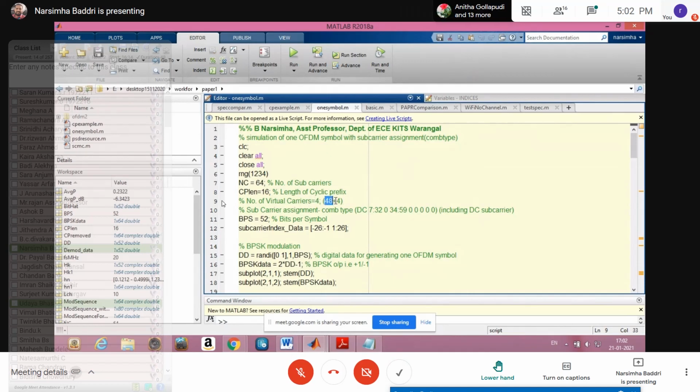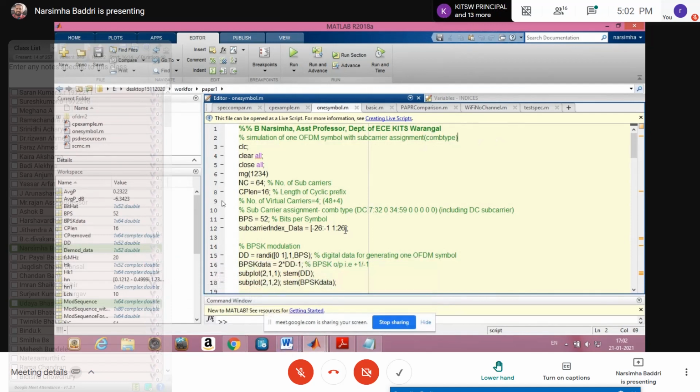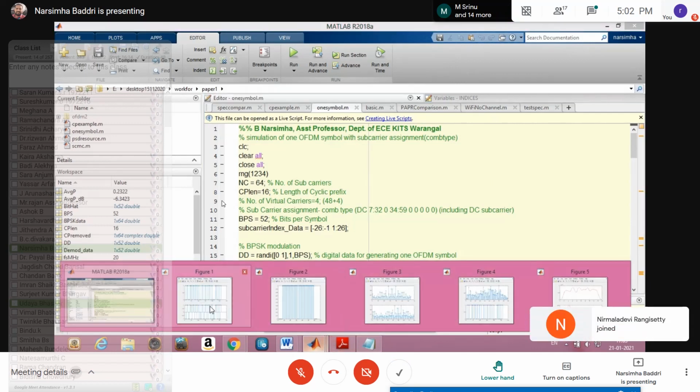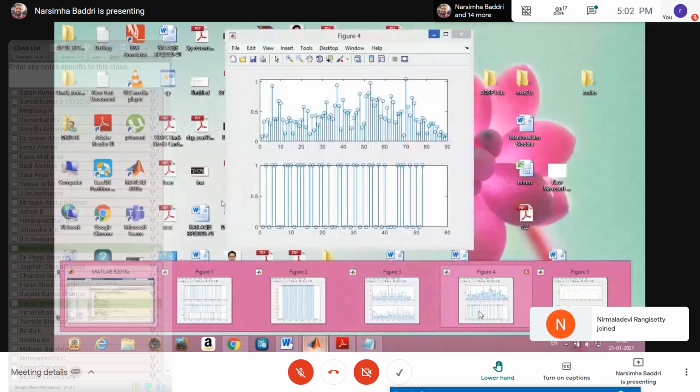See this one. For the same specifications, the number of carriers is chosen as 64, and the cyclic prefix length is 16. This is the carrier assignment. In total, 48 are data carriers, 4 are pilots, and some unused carriers are there. We will also consider subcarrier assignment.